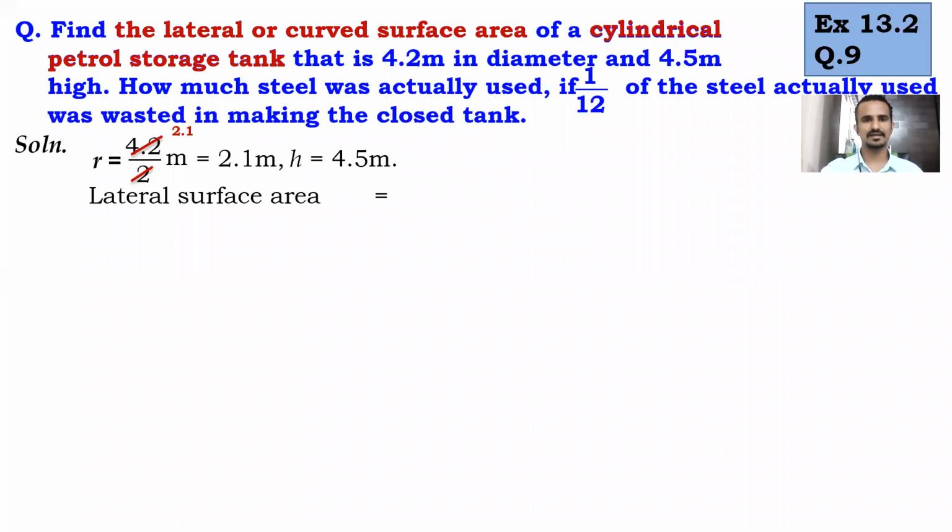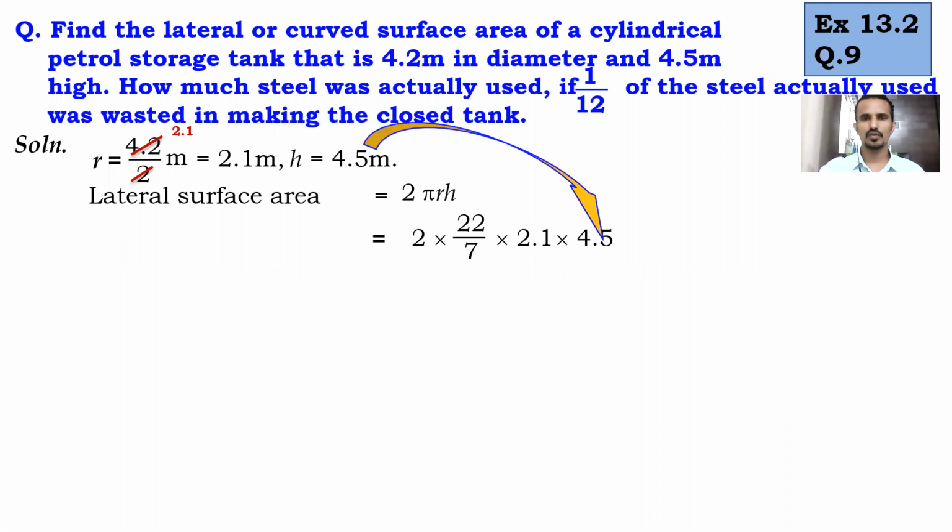So first, let us find the lateral surface area, which is going to be a straightforward formula. Lateral surface area is 2 pi RH. Let's do this calculation all of you quickly. So it will be 2 multiplied by 22 upon 7 multiplied by 2.1 multiplied by 4.5.